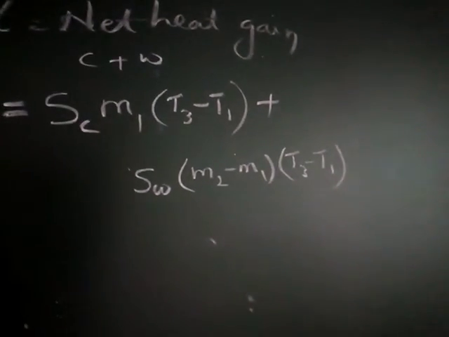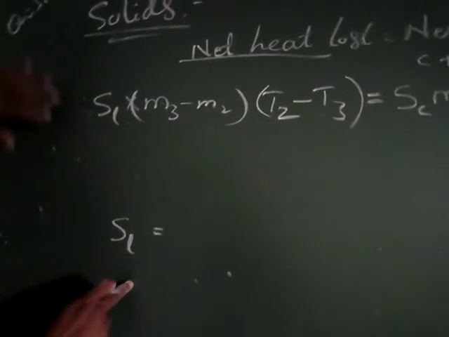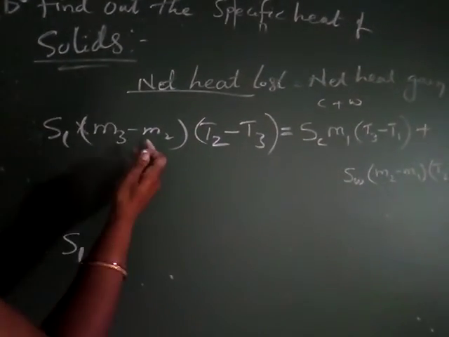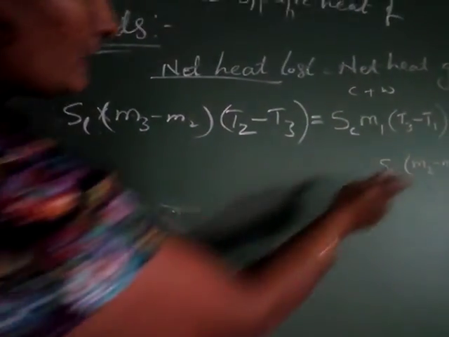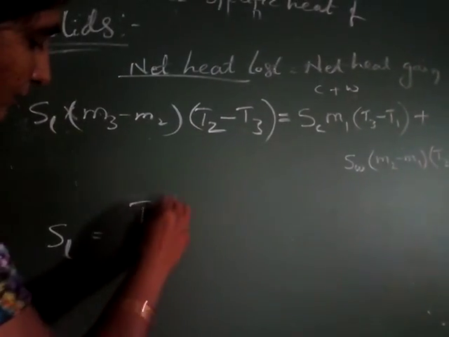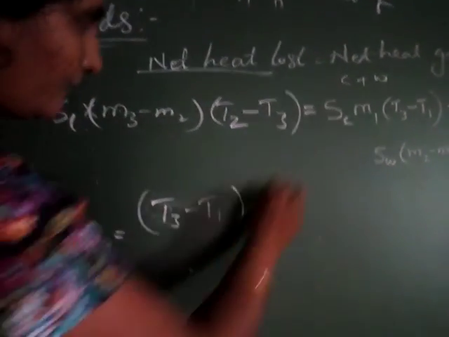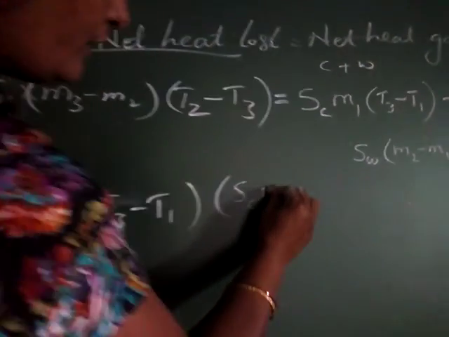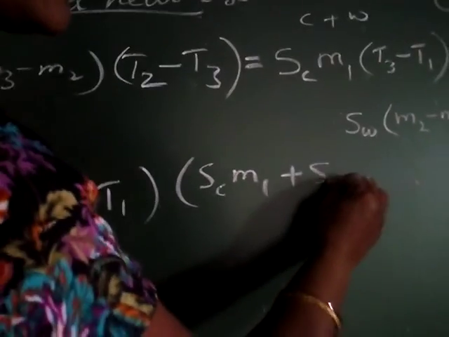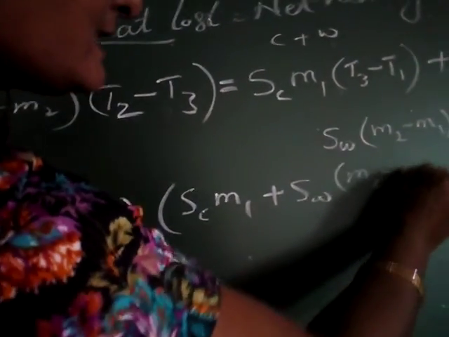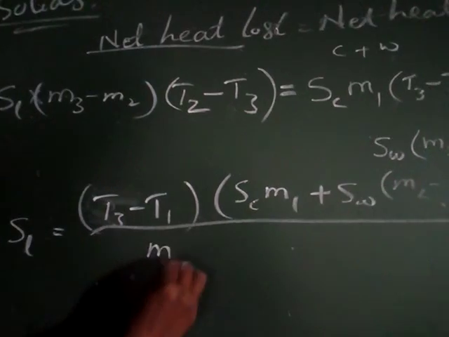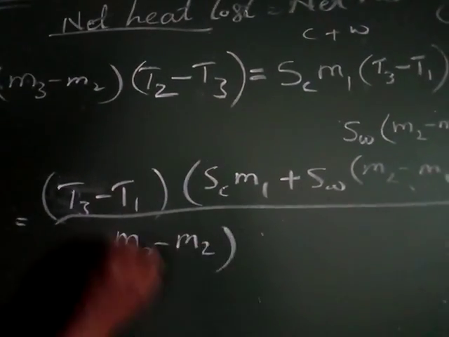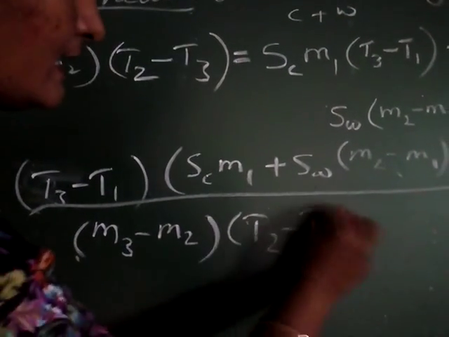Now we have to find out SL, because it is the specific heat of solids. Okay, we have to find out this one. That's why these two will be sent to that side. We will get T3 minus T1 to make common, T3 minus T1 remains here, SC into M1 plus SW into M2 minus M1, divided by M3 minus M2 into T2 minus T3.